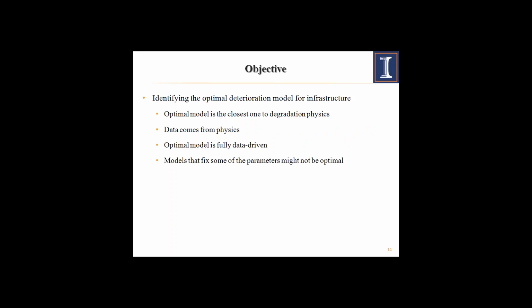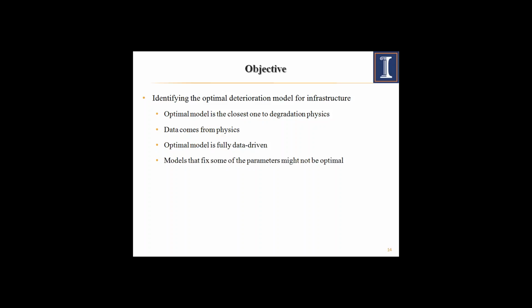So basically, we want to find the optimal deterioration model, the inherent deterioration model. And because the data comes from the deterioration physics, if we only use the data and we don't make any assumptions, then we would get the inherent deterioration model, which is the optimal deterioration model.